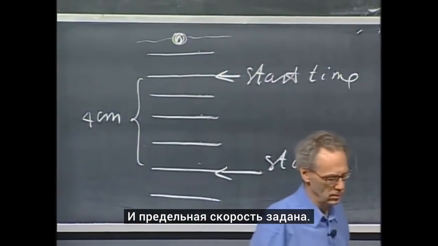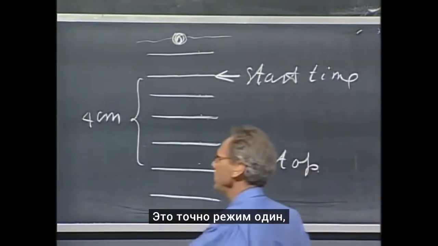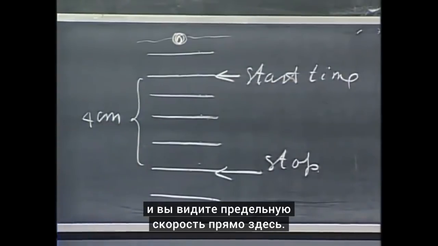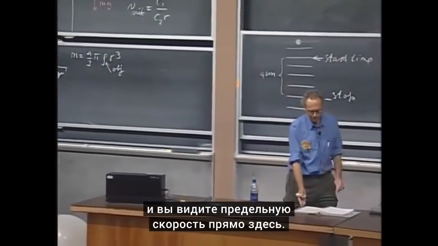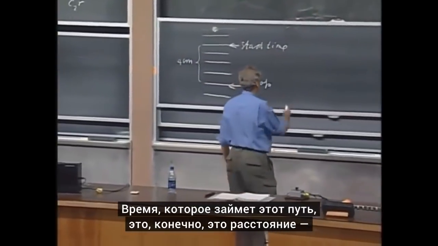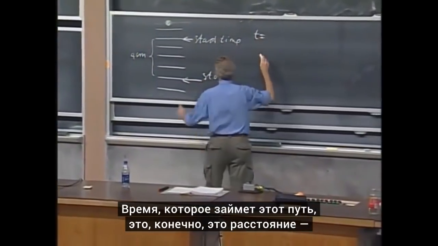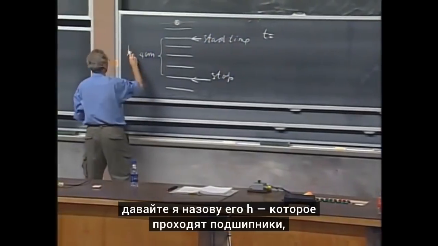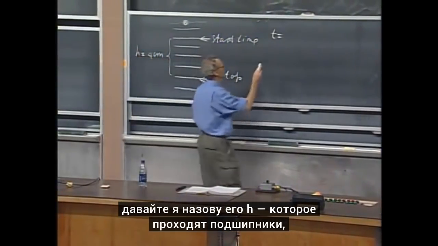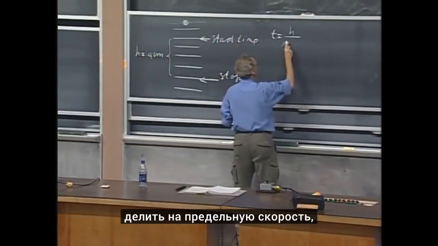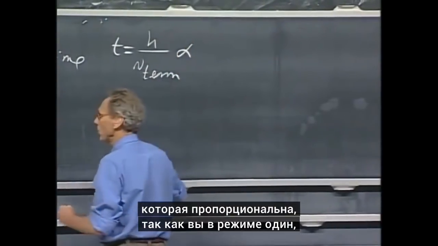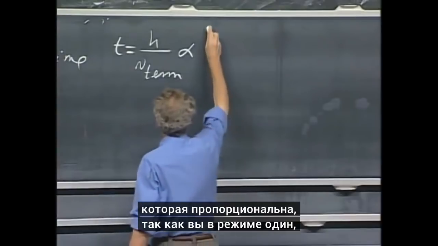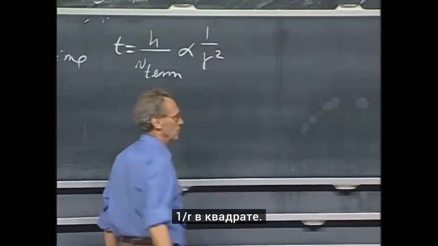And the terminal velocity is given. It's clearly regime 1, so you see the terminal velocity right there. Now the time that it will take is, of course, this distance, let me call it h, that the ball bearings travel, divided by the terminal velocity. And that is proportional, since you're in regime 1, to 1 over r squared.